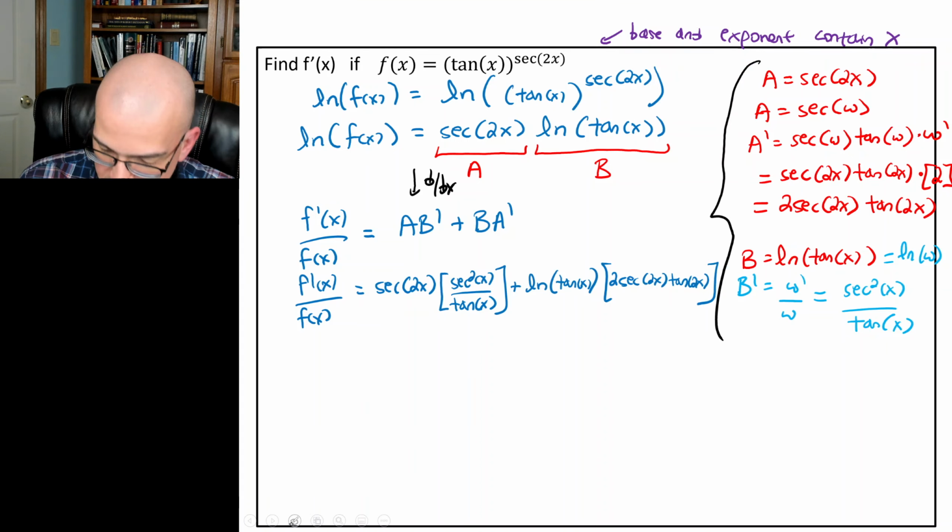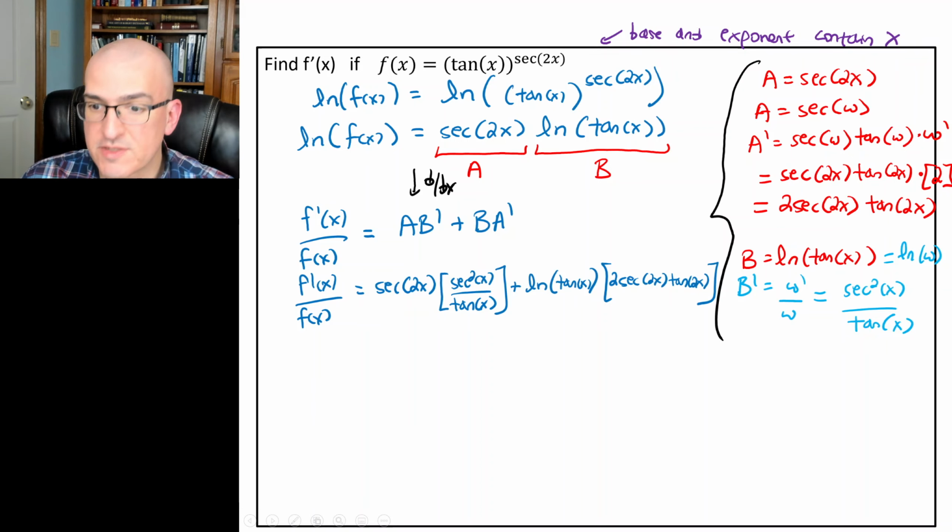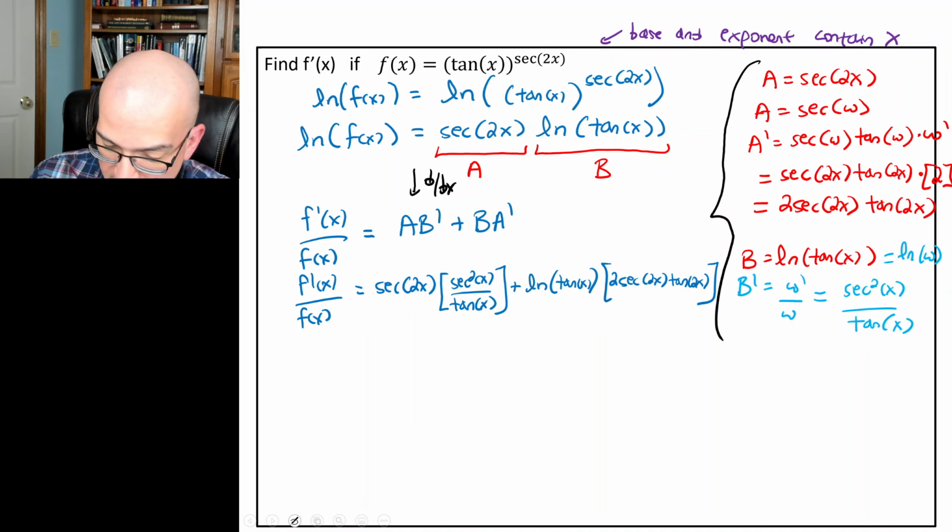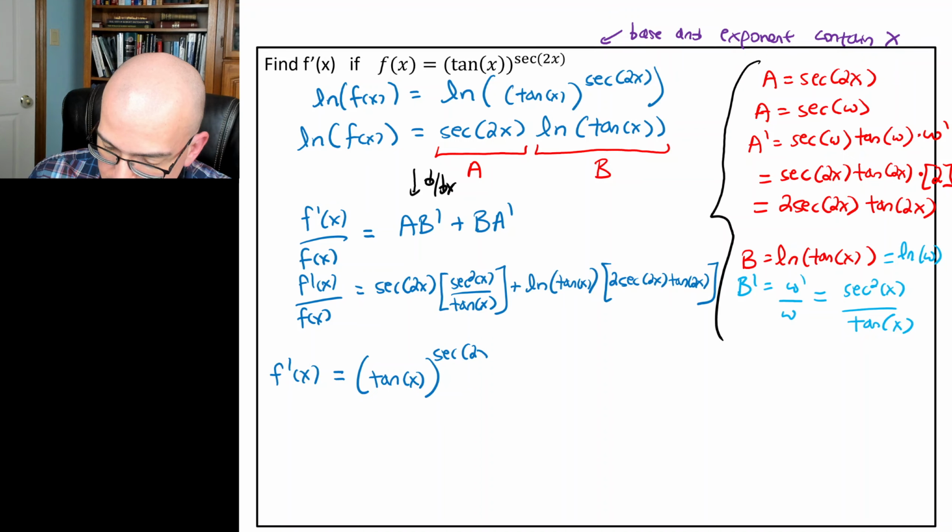We're almost at the end of this monstrosity of a question. I'm going to cross multiply by f of x, and we're going to replace f of x by what its original function is, just to save some writing time. Tan of x to the power of secant 2x times all that business that got put there.